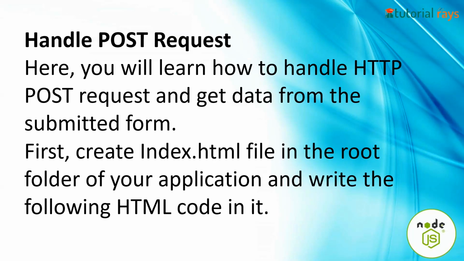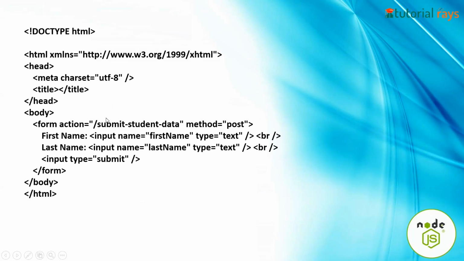So I will show you with a simple example how post method works with this HTML file. First create an index.html file in the root folder of your application and write the following code. So this is the code we will be writing here: form, submit data, student data, method post, and then we are using two fields, first name and last name, and we will submit and check.